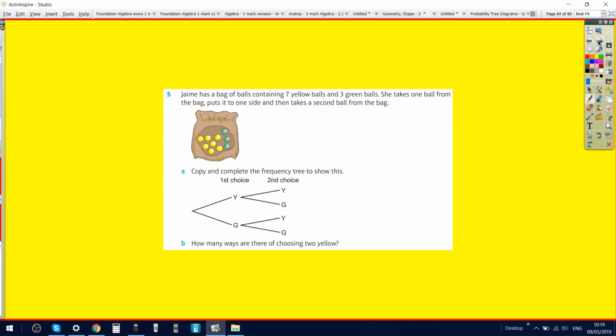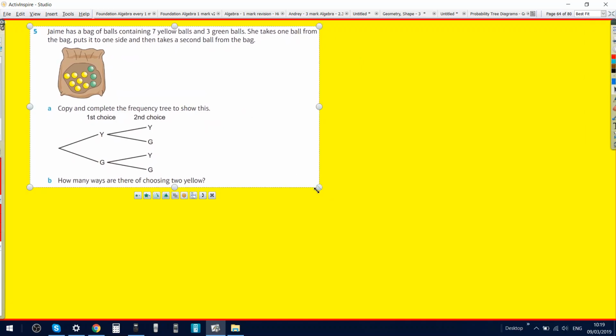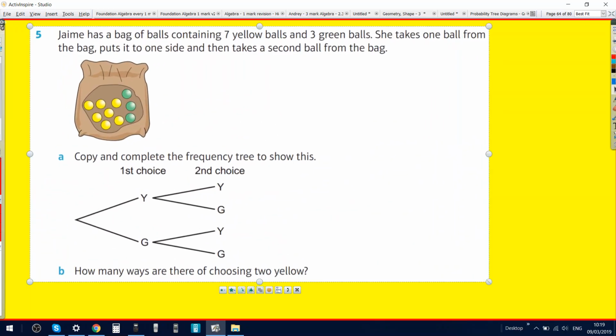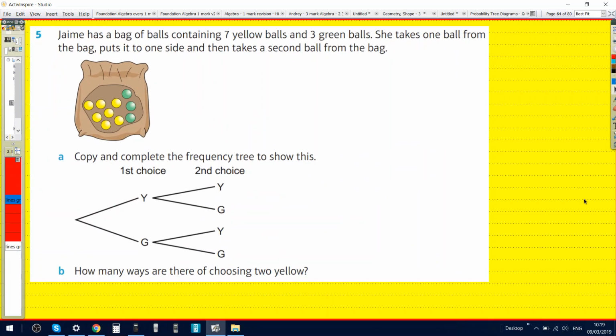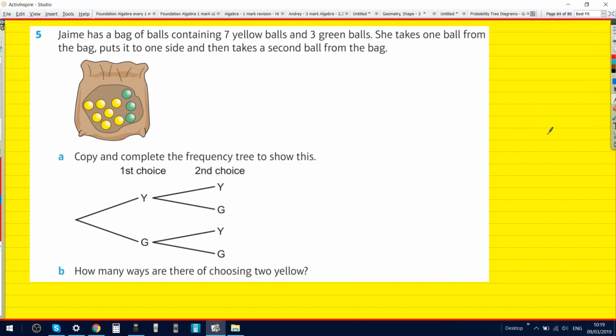Yeah, so this takes a little bit of practice. Okay, how about this one? So it contains 7 yellow and 3 green. So the first choice of 7 yellow balls would be next to the first choice, wouldn't it?